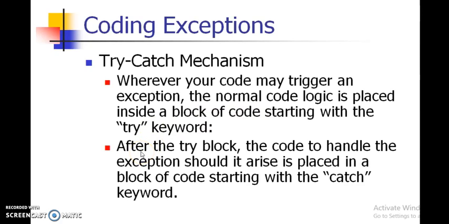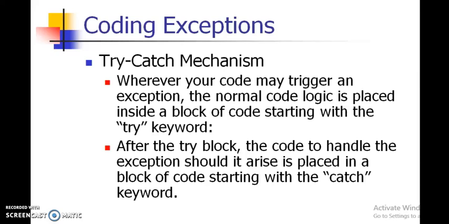After the try block, the code to handle the exception, should it arise, is placed in a block of code starting with the catch keyword. Once the try block is written, we also write the code to handle the exception if it is raised, using a catch block, which starts with the catch keyword.